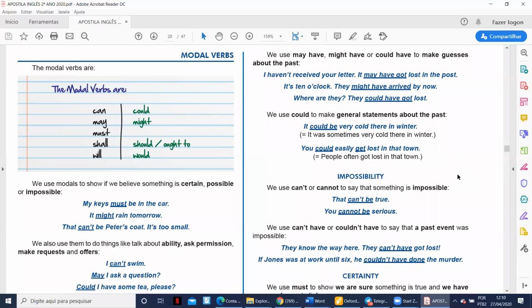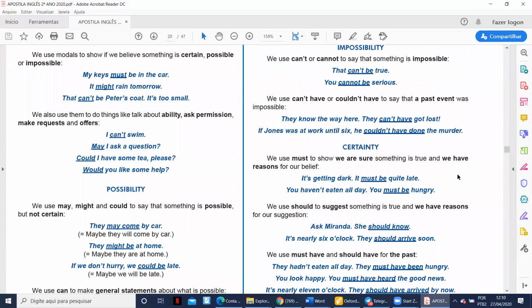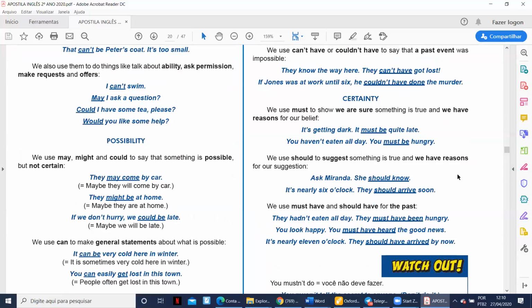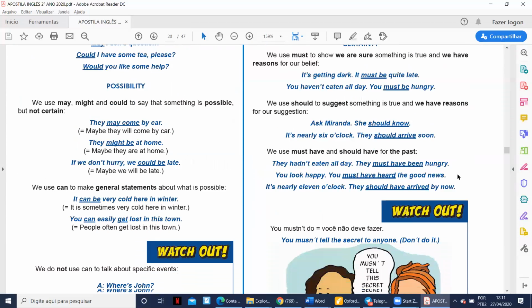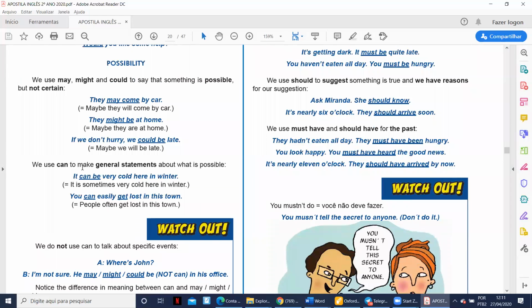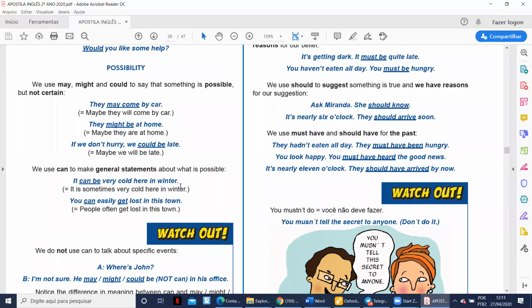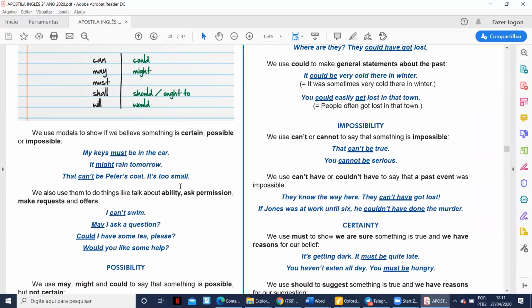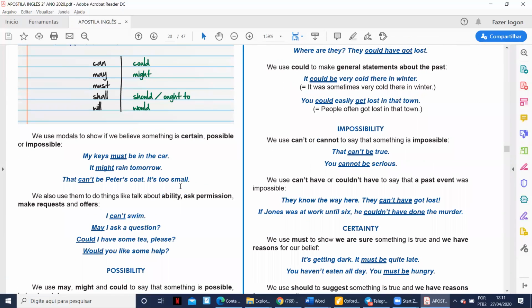So as you can see here, if we use can for general statements, in the past, we are going to use the past form, could, for general statements.